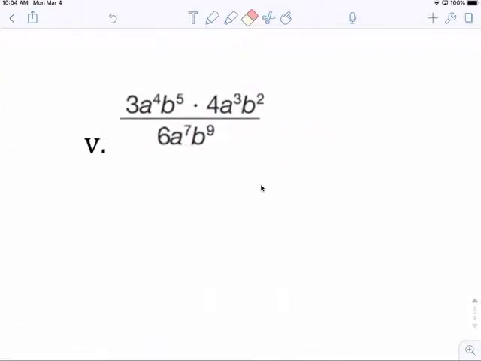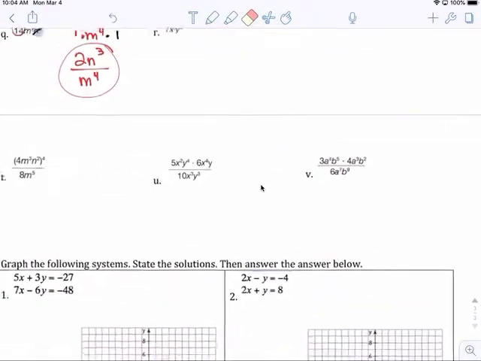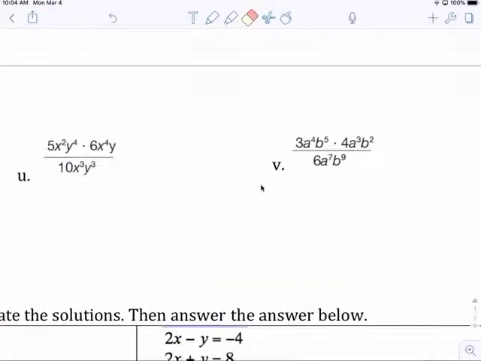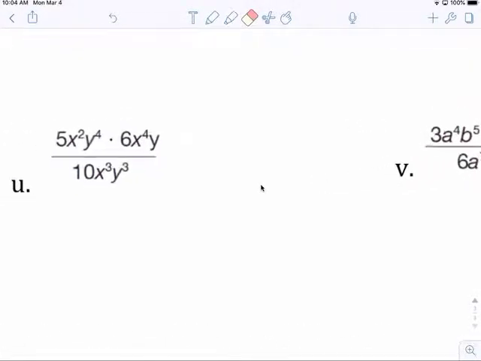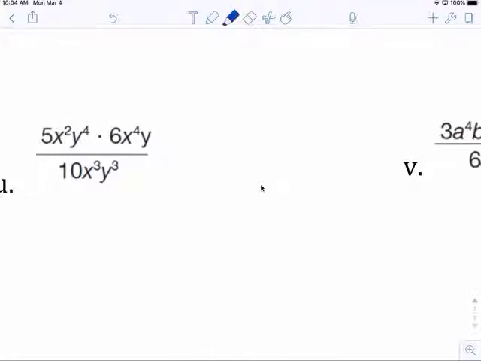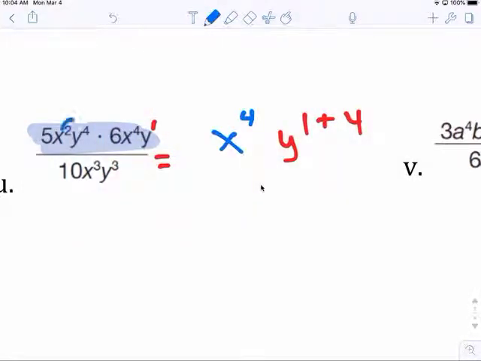Okay, I'll do this one on V. I'll do U. You guys do V. Okay, U. You do the numerator, you multiply, you do the exponent y to the first plus the 4, and then x to the fourth plus the 2, and then you multiply.